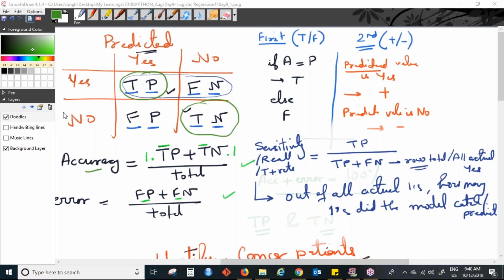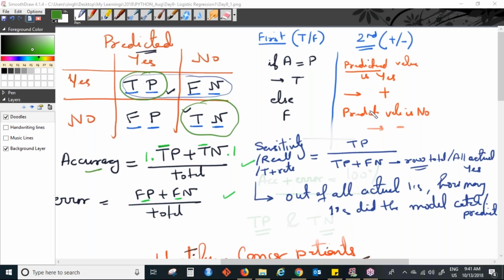It doesn't care how well you identify a non-cancer patient. It only looks at whether you are identifying an actual cancer patient. If you are, that means you are good.